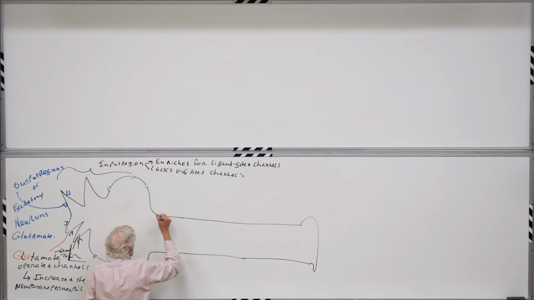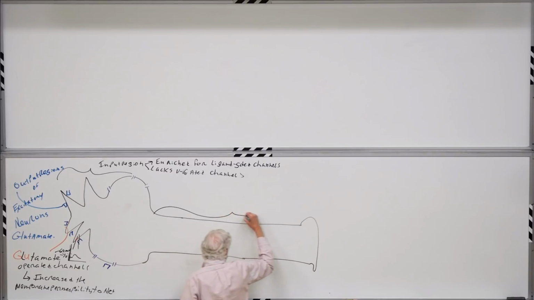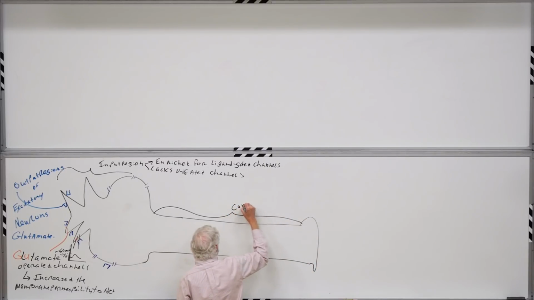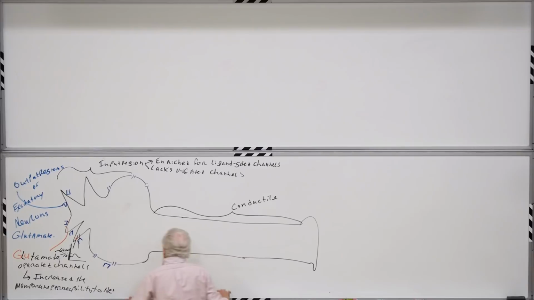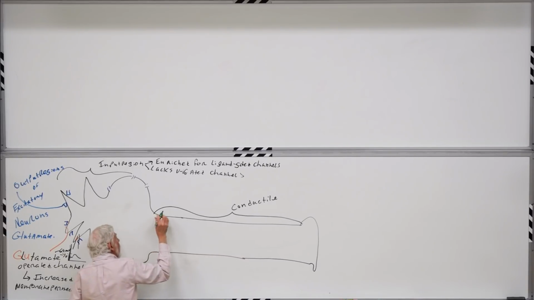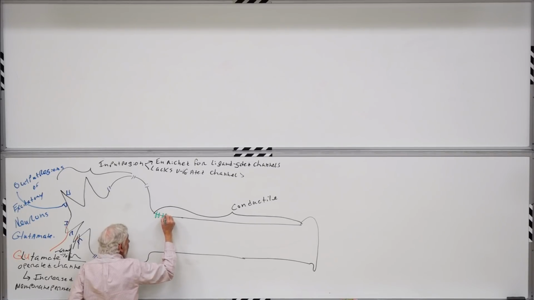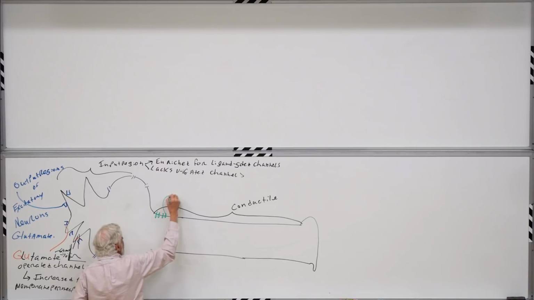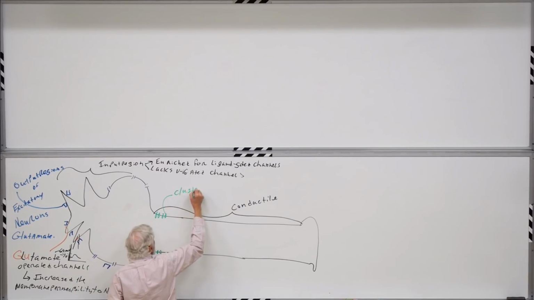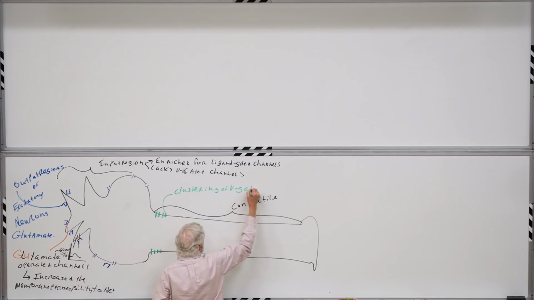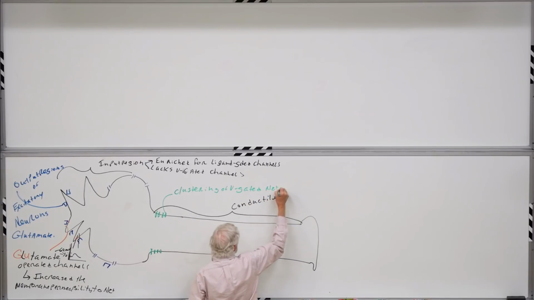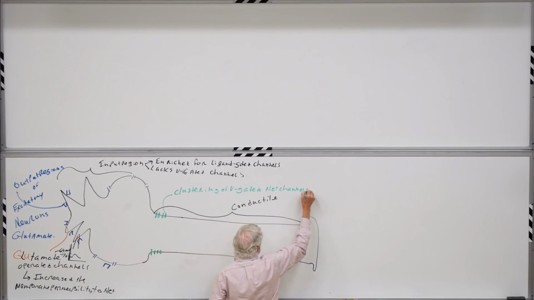We said that that was in contrast to this region of the neuron we call the conductal region. And that the conductal region had, particularly right at this interface between the axon and the cell body, right at the interface between the input region and the conductal region, a clustering of voltage-gated sodium channels at the trigger zone.